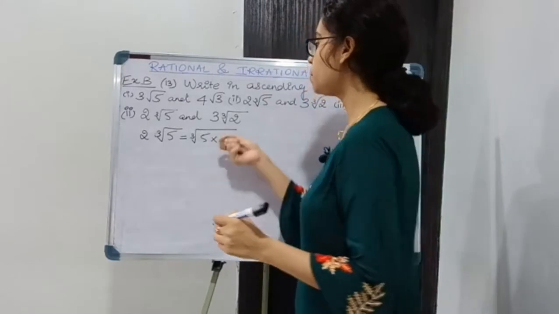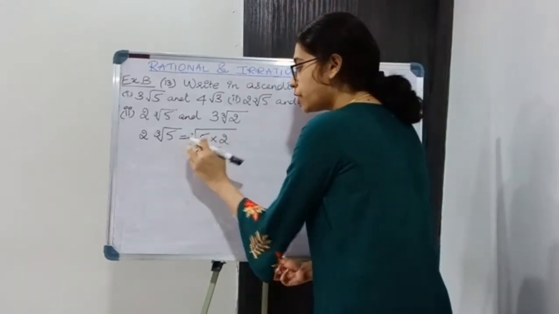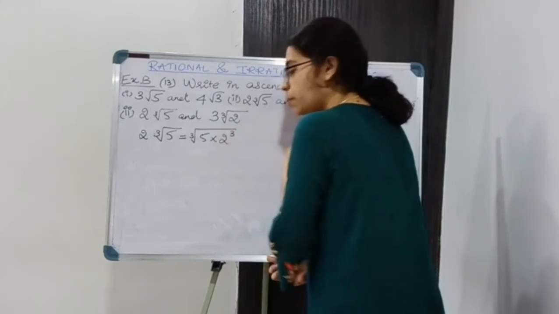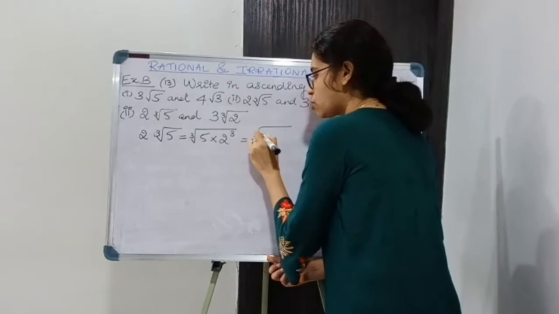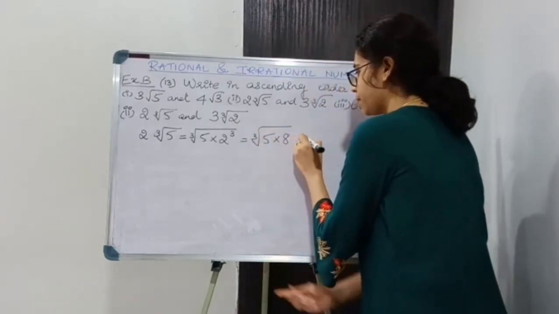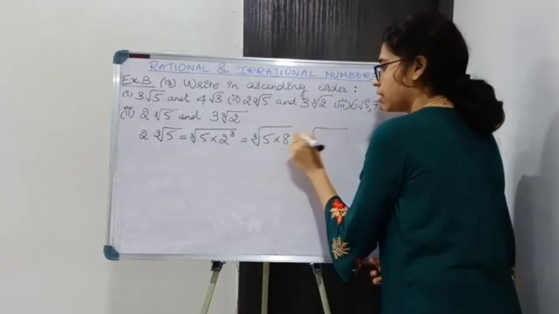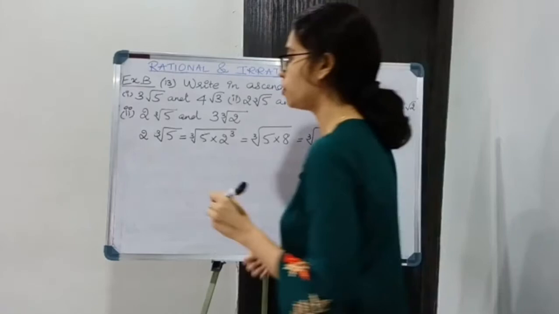Second immediate step is to change its power. I have cube root over here, so the power is going to be 3. Now I'll solve this. So I'll get 5 into 8. 8 5s are 40. So I have cube root of 40 over here.